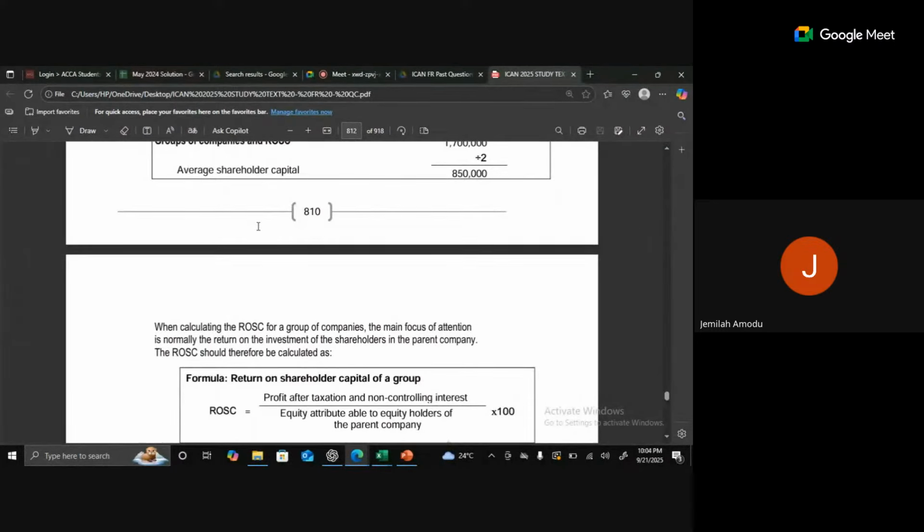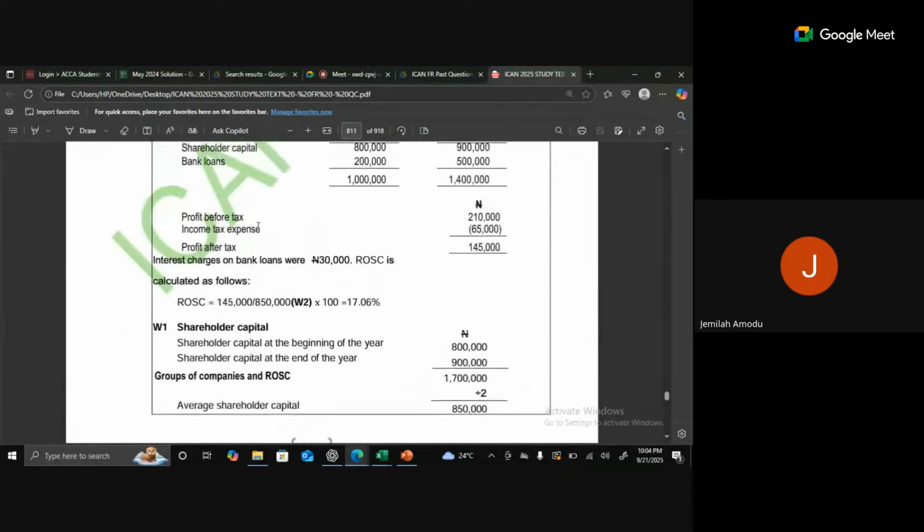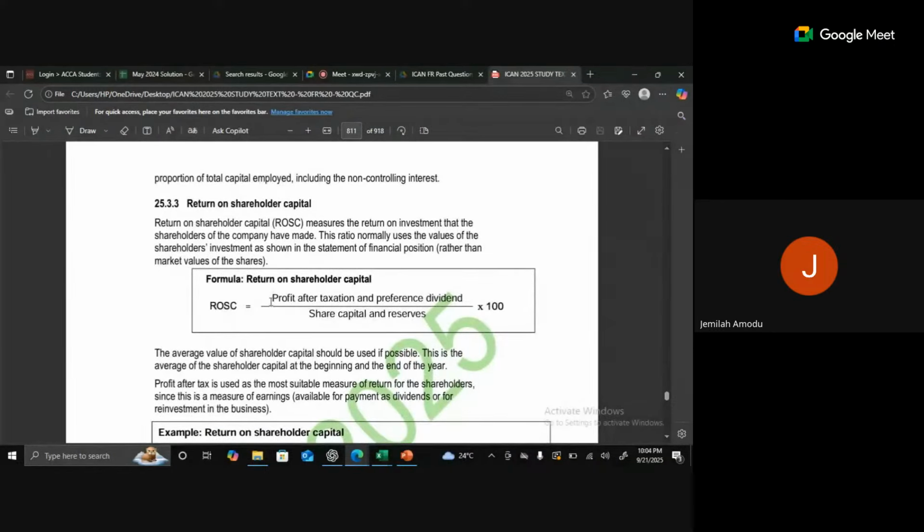So in a situation where they didn't show it like that, they say profit after tax and preference dividends, right? So what it means is that you're adding your preference dividends to your profit after tax, right? Then you divide it with your share capital.